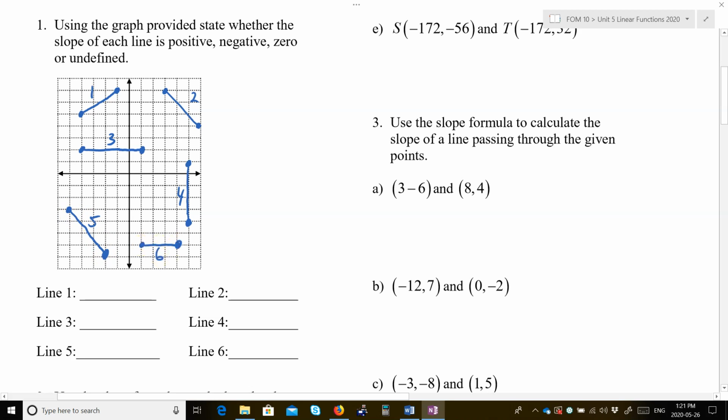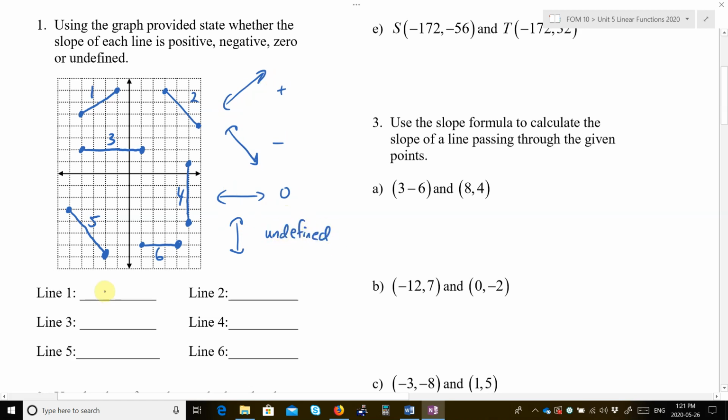And line 6. Okay. So basically it goes like this, guys. If the line goes up and to the right, the slope is positive. If it goes down as you're heading to the right, that's a negative slope. A horizontal line has a slope of 0, and a vertical line has an undefined slope.